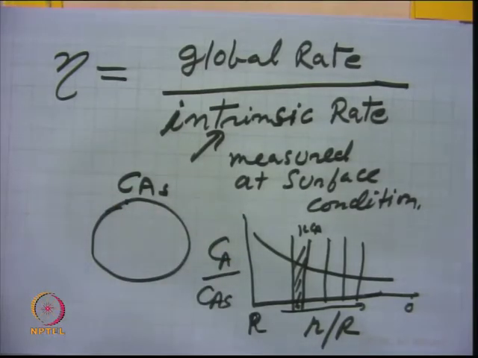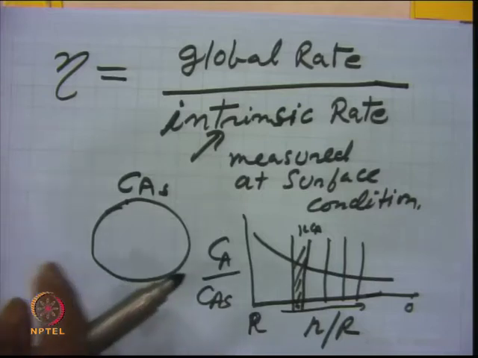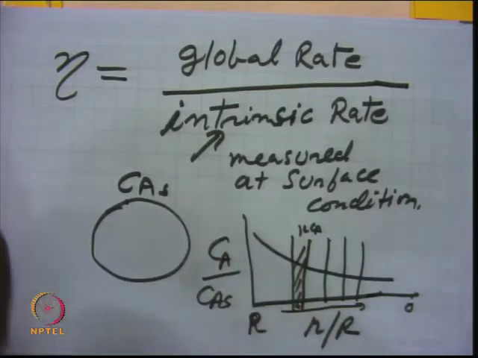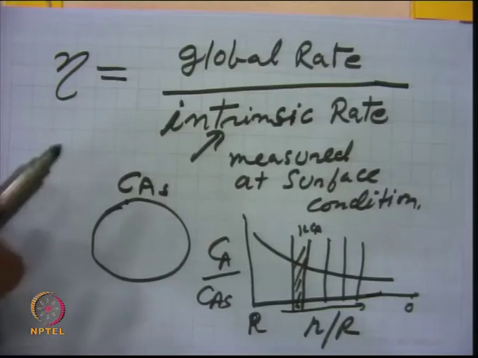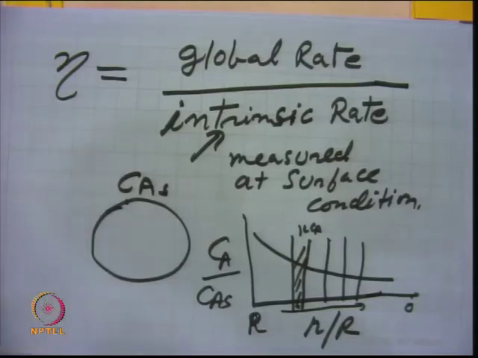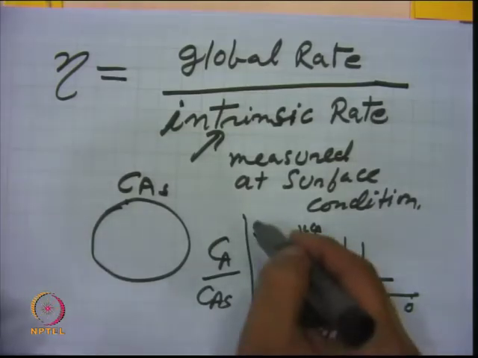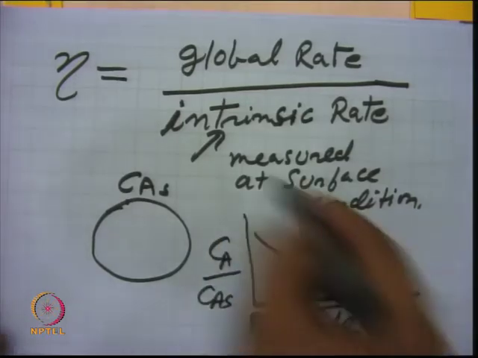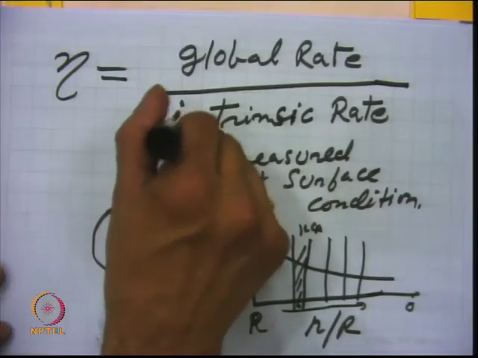So, 0 to r, and 4 pi r square delta r times minus RA, that is for a spherical pellet. That will be your actual rate, because you know the concentration drops like this. But what will be the maximum rate?